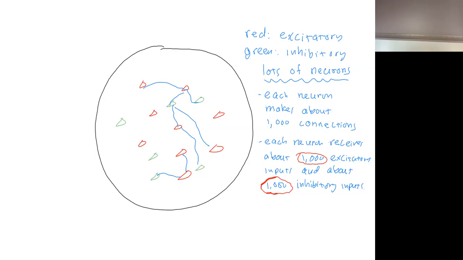And so what I did yesterday was take one of these neurons, let's say an excitatory one, and look at its input. So excitatory neuron here, it's getting input from lots of excitatory neurons and lots of inhibitory neurons, okay?